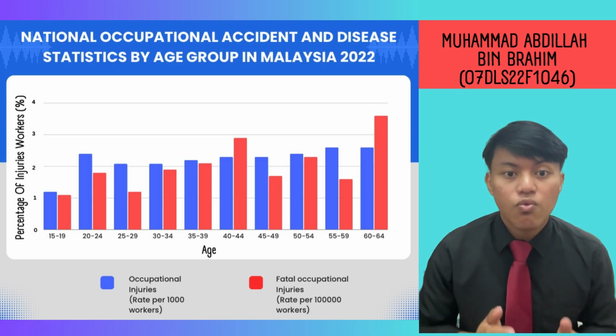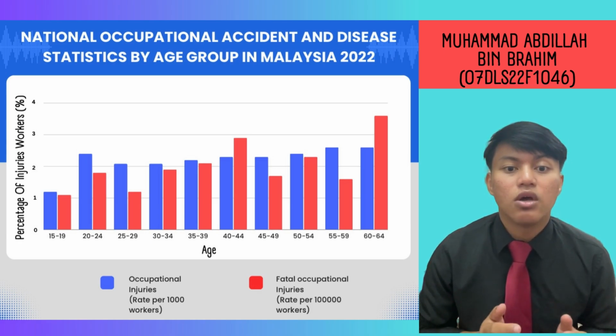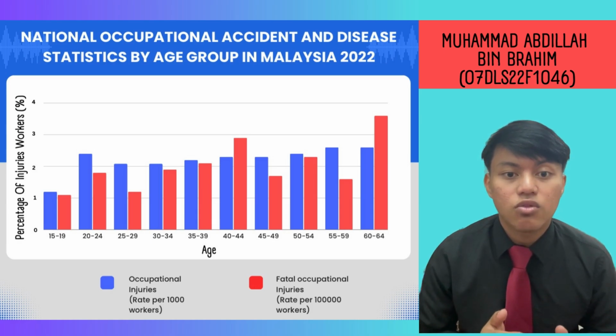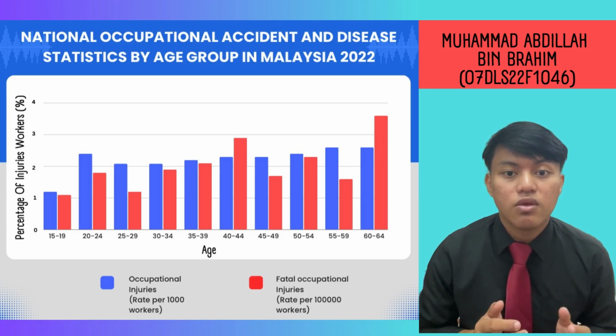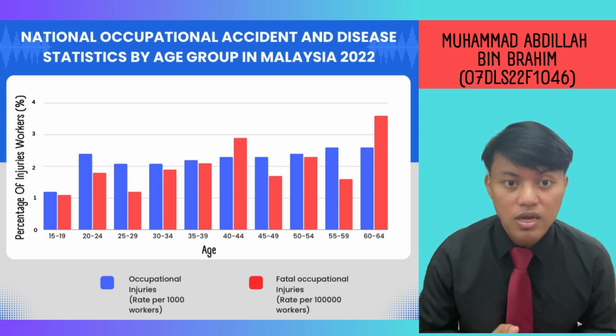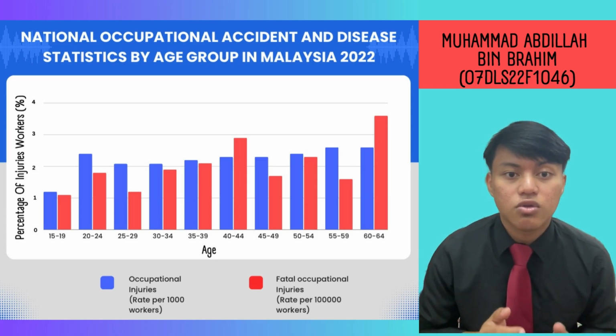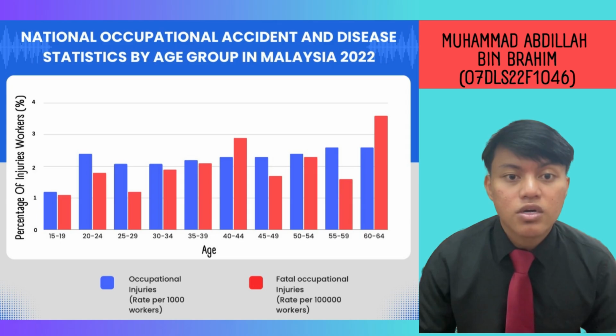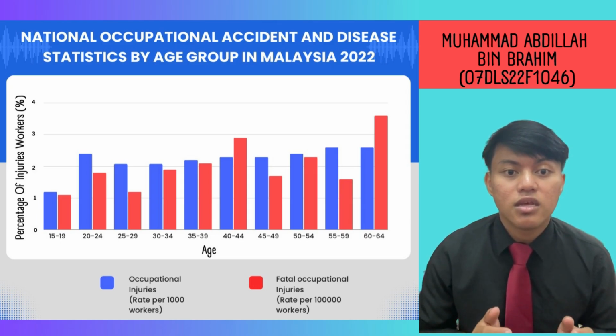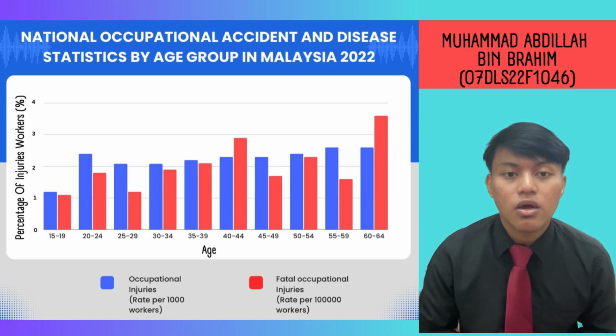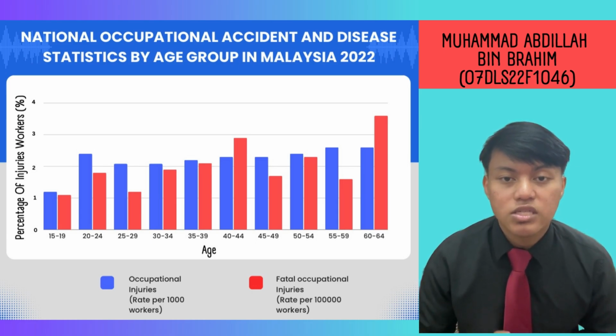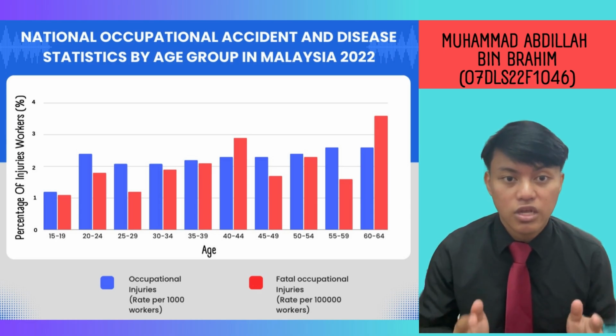Meanwhile, the highest percentage for the occupational injuries is at 2.46%, which is the group from age 55 to 59 and 60 to 64 years old. This is because at a young age, some young workers tend to be careless and inattentive in their work due to a lack of extensive experience as they enter the workforce at a young age.